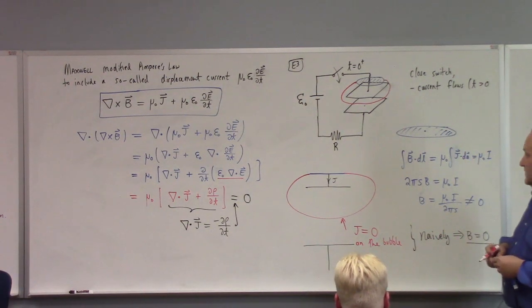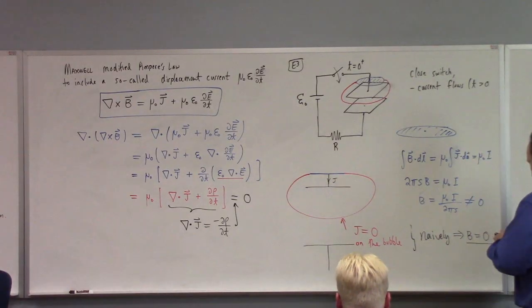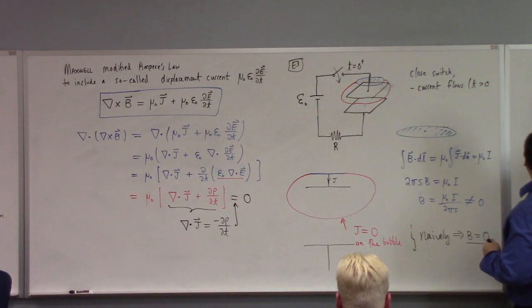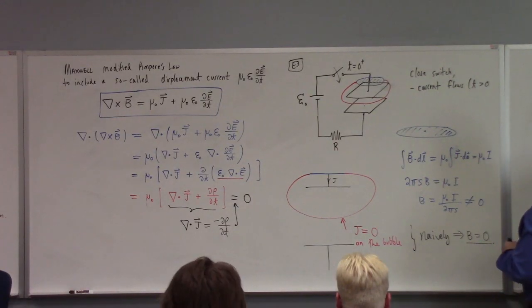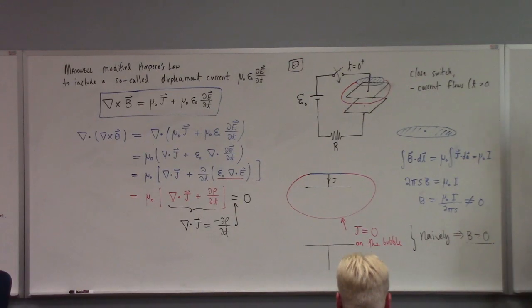See, because Maxwell's correction term says that we don't just do this, we're supposed to do the integral of B dot dl is equal to mu naught times, over the boundary of the surface, the integral over the surface of J plus epsilon naught partial E partial t dot dA.